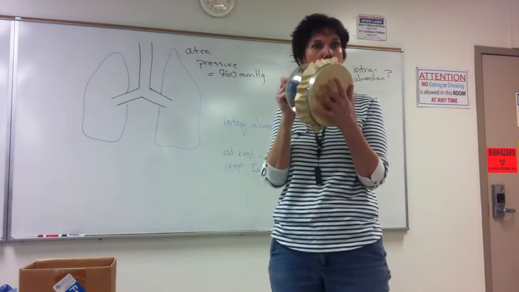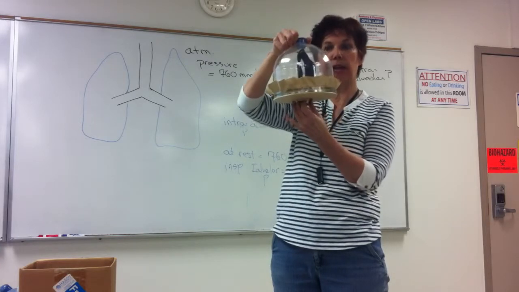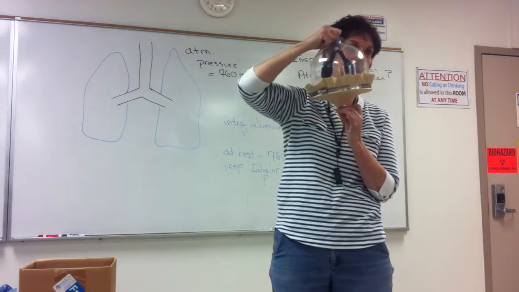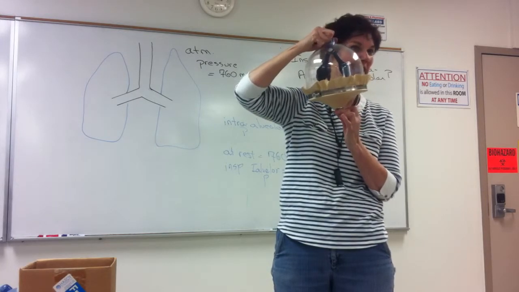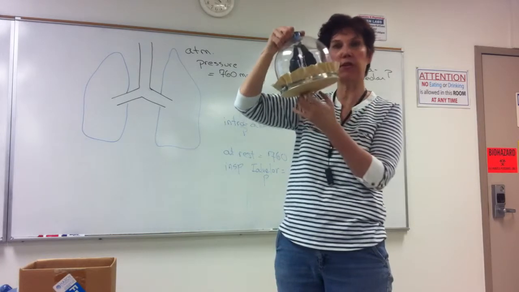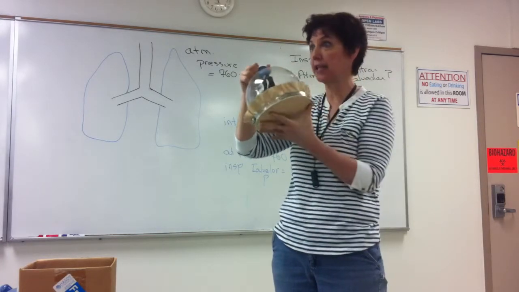So our diaphragm will move. Now notice that as I lower the diaphragm, air is filling the balloons or the lungs. By creating a larger volume around the lungs, I've decreased the pressure. That's a closed container now.